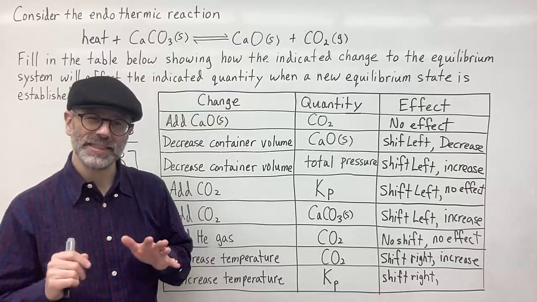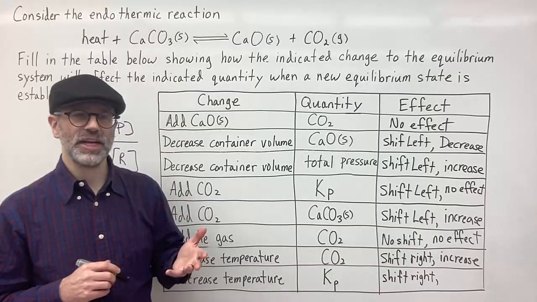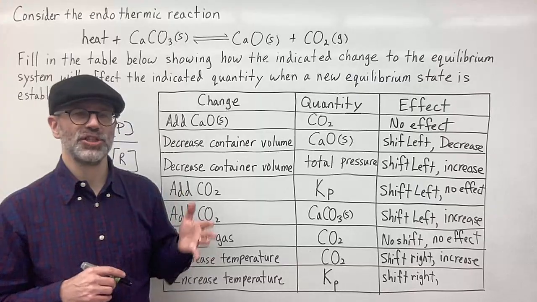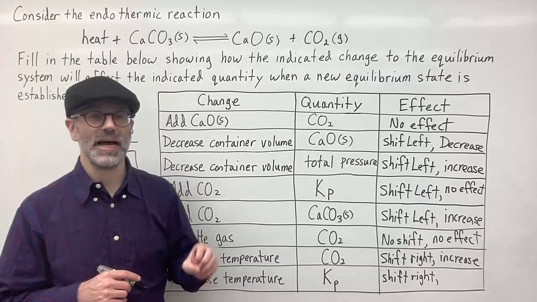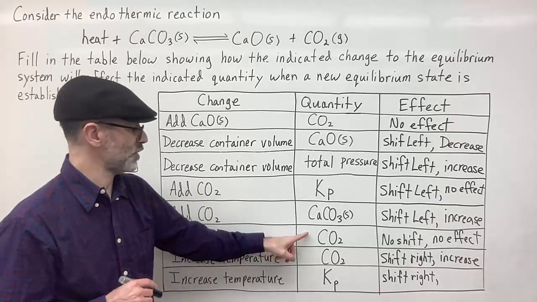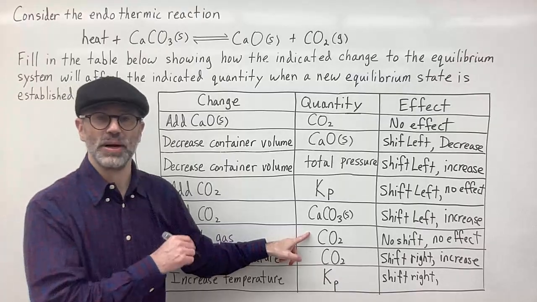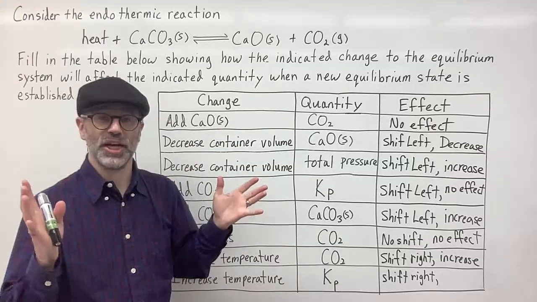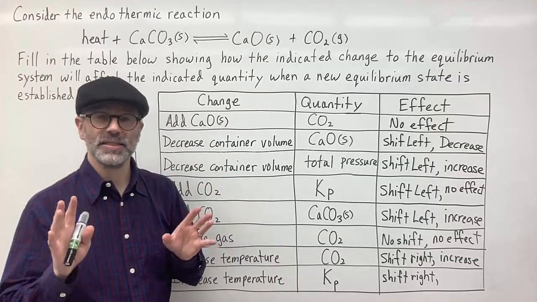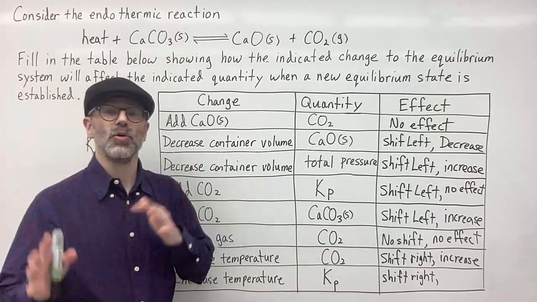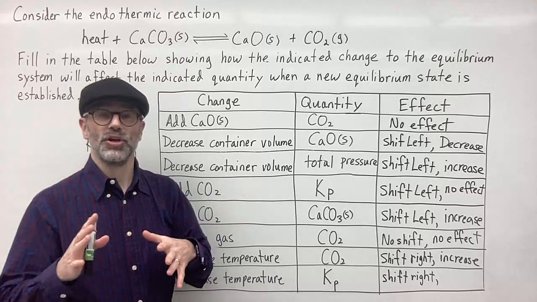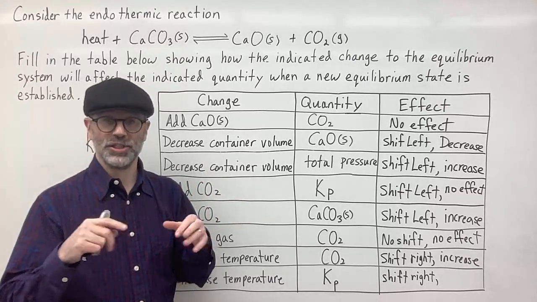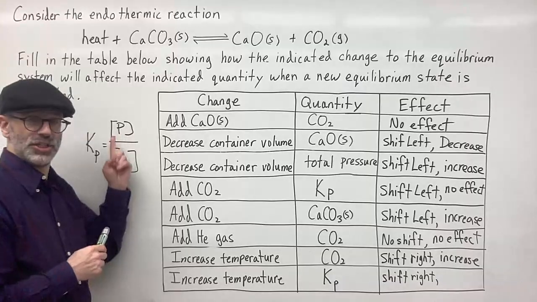It's not like when I add CO2. When I add CO2, I am changing the concentrations, but the system will equilibrate again in order to adjust those concentrations in order to get K, that ratio.